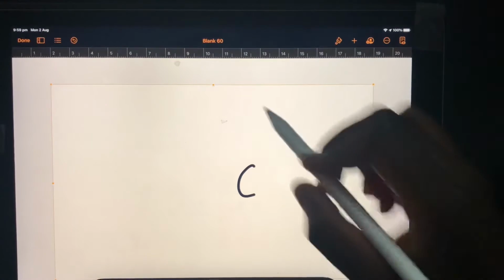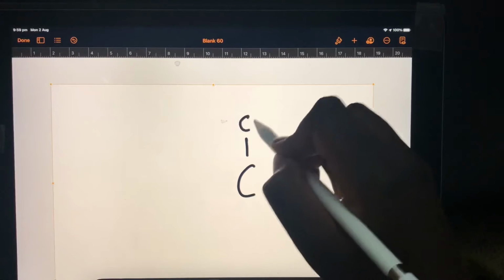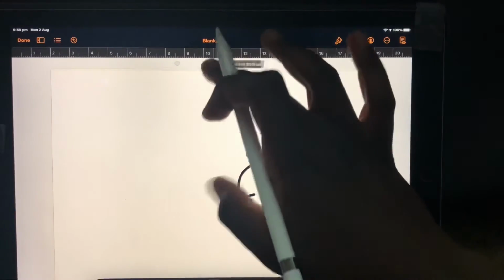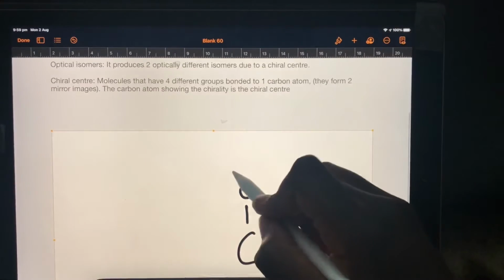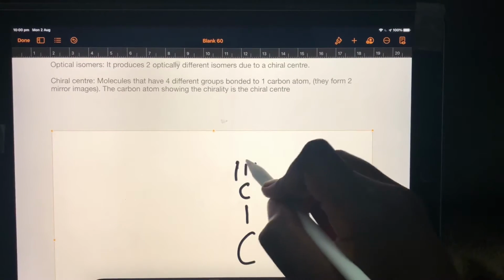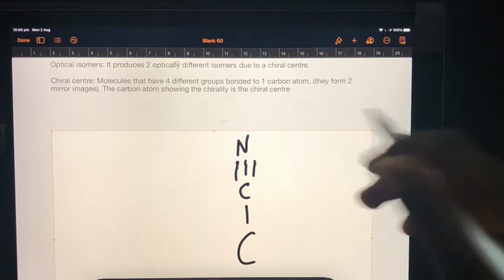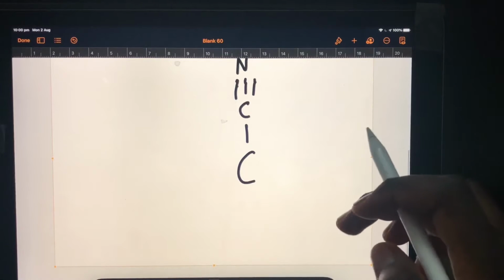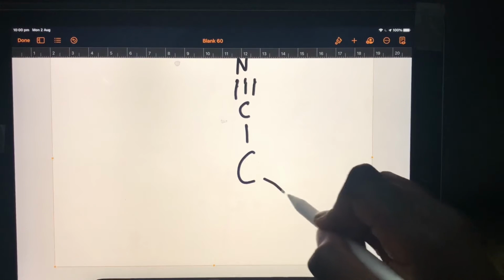Let's use this example. Let's have a cyanide molecule here. That's one of the groups. And then let's have an oxygen atom here.